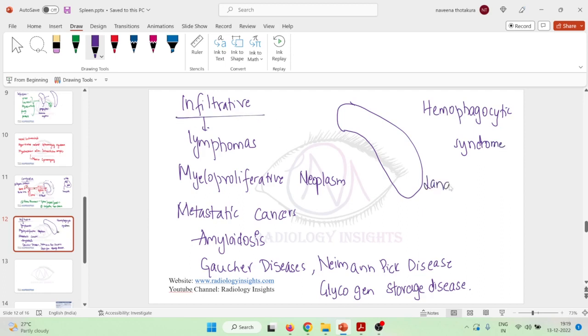So in all these conditions, some important materials get deposited in the spleen, resulting in splenomegaly.